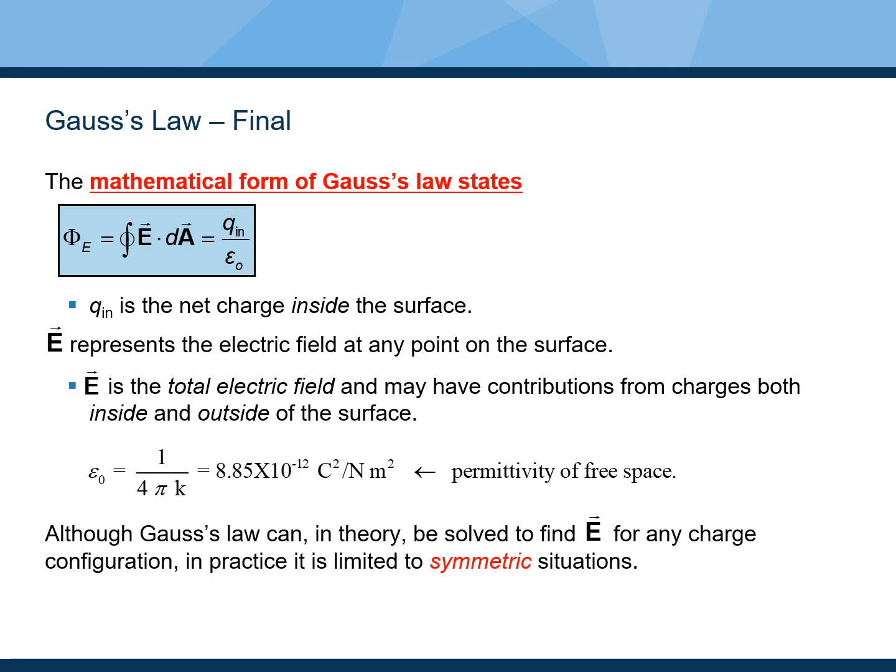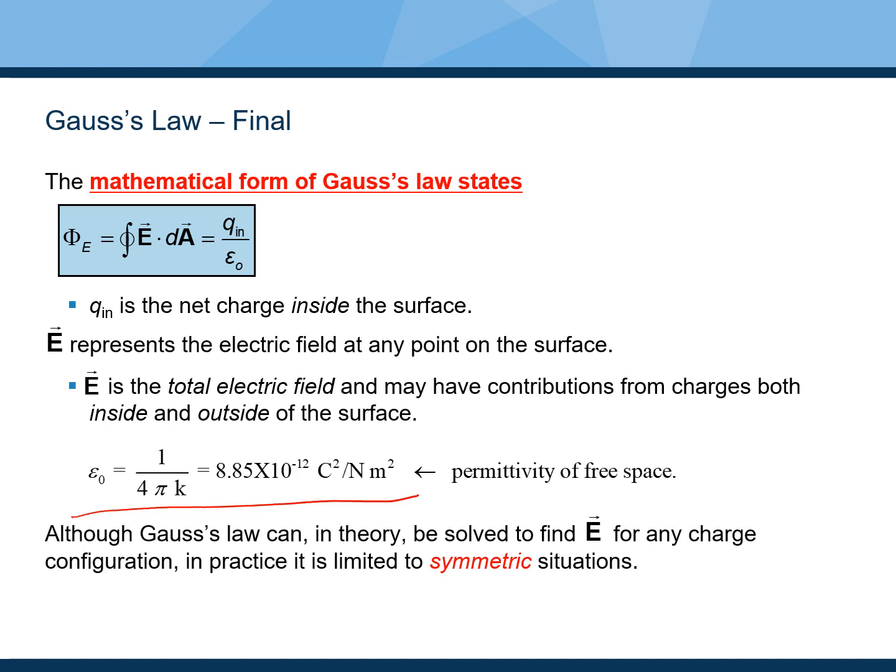Then the electric flux across that closed surface is equal to the total charge inside divided by epsilon naught. And epsilon naught is just equal to 1 over 4 pi k, where k is Coulomb's constant. So you can stick Coulomb's constant in there, and you get this value for epsilon naught. The units of epsilon naught are just the reciprocal of the units for Coulomb's constant.